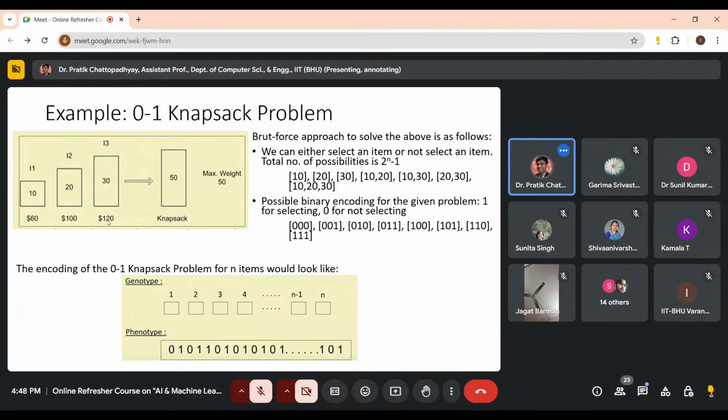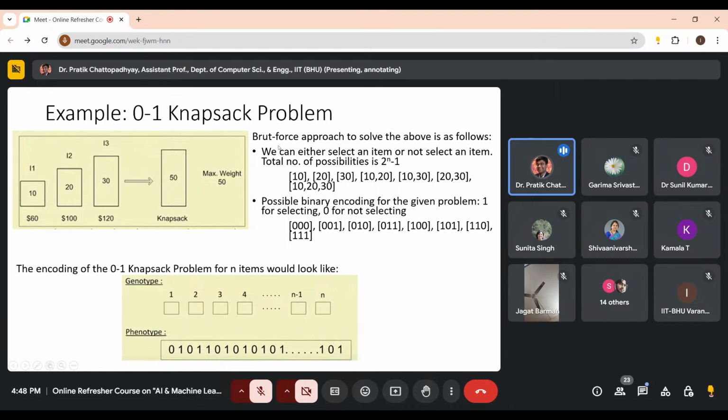If I take I1 and I2, then I cannot take I3 because it exceeds the capacity. With I1, I2, I am making $160, which is less than taking I2, I3. If I take I1 and I3, I am making $180. The weight is 40, so it is less than 50, but I cannot take I2 anymore.